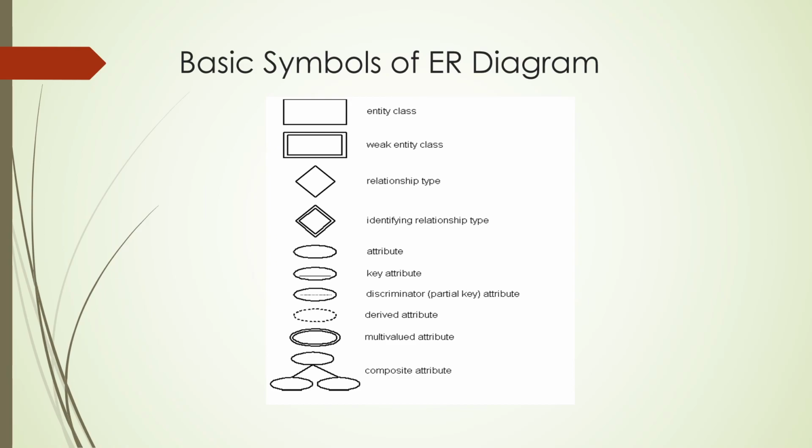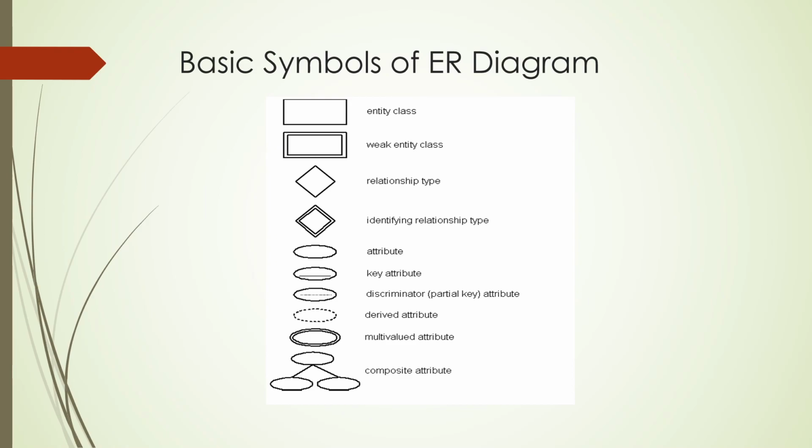Okay, let's look at the next one, the discriminator or partial key attribute. As discussed above, for a weak entity, the dependent name can be a partial key, as two dependent names can be the same, right? So this is how we describe the discriminator.